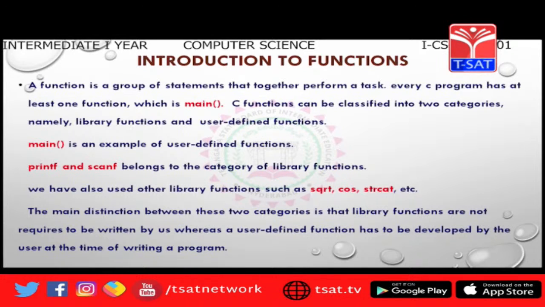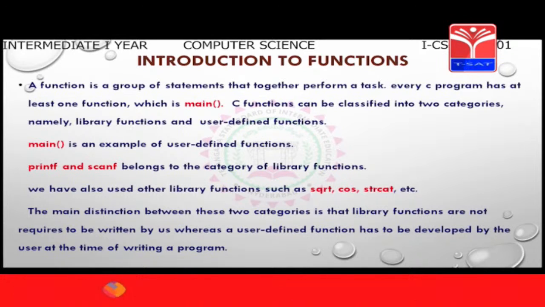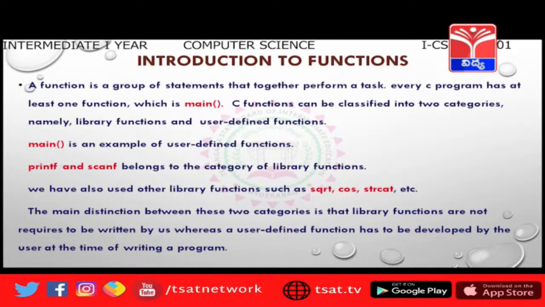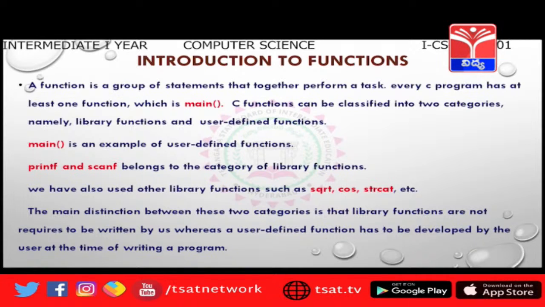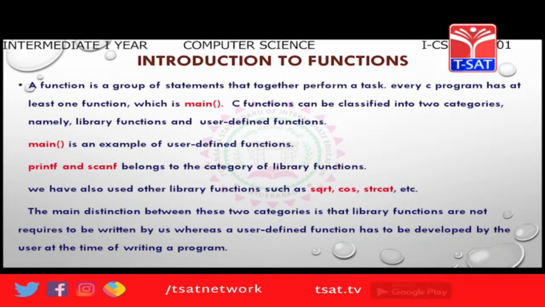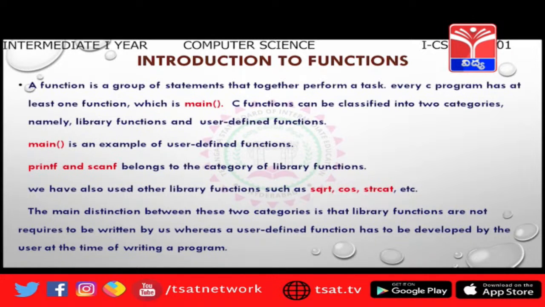Take an example. The other library functions are math functions, string functions, and character functions. Just to take examples: finding the square root, finding the modulus, finding cosine values, and string concatenation.